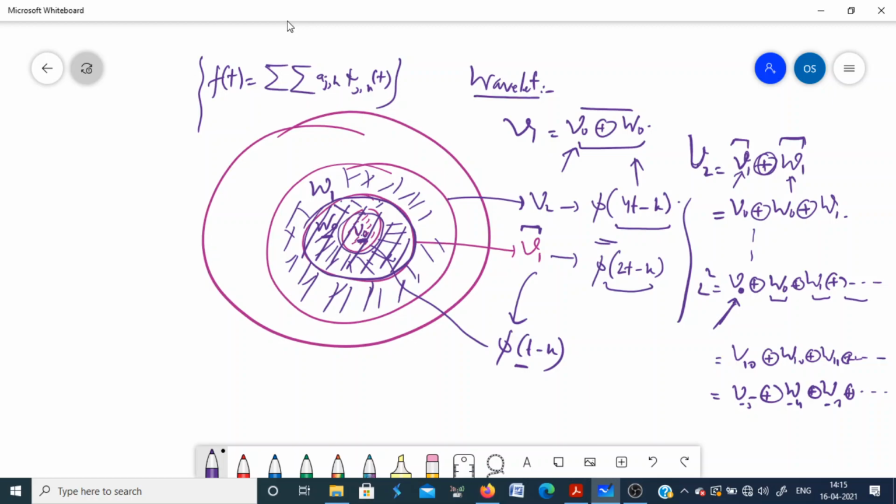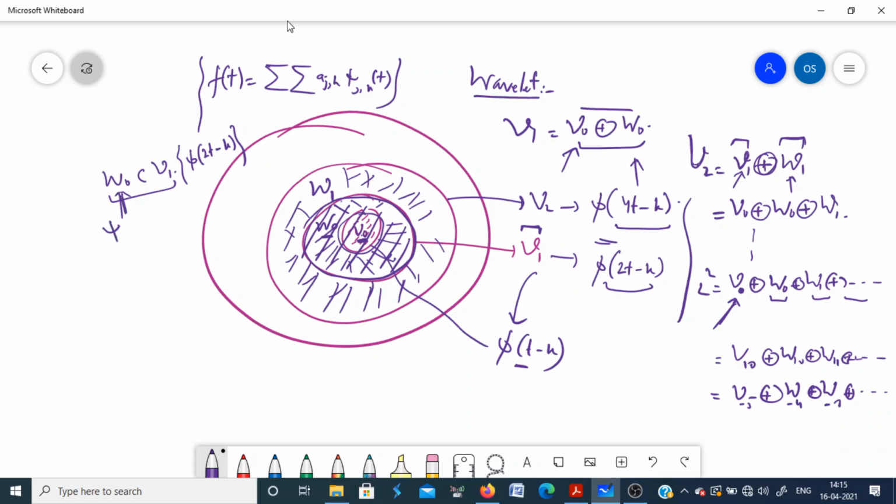Now see, since W0 is a subset of V1, it lies in the space of V1, and V1 is spanned by phi of 2t minus k. And W0 means there is no scaling, j is 0.